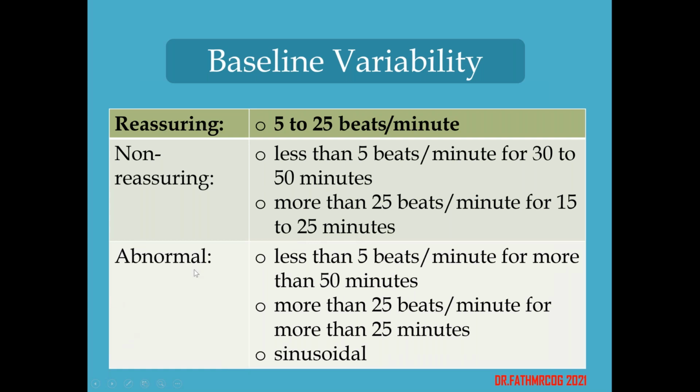And we say this is abnormal if less than 5 beats per minute for more than 50 minutes, or more than 25 beats per minute for more than 25 minutes, or a sinusoidal pattern. This is classified as abnormal baseline variability.